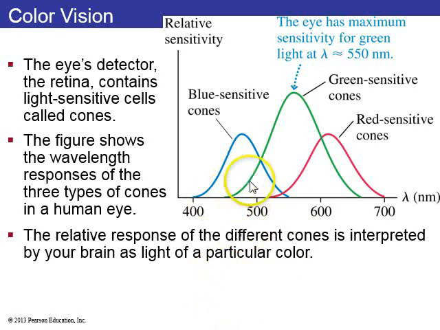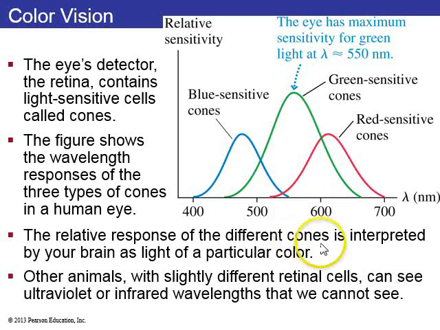The relative responses of these types of cones gets interpreted by our brains as being various colors, red, green, or blue. You can have mixtures, so red and blue together, but not much green would look purple to our eyes. If you had all 3 being stimulated, then you'd see white light. And other animals have different kinds of cells in their retinas, so they would see different wavelengths that perhaps we could not see.